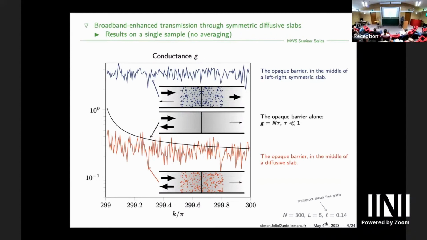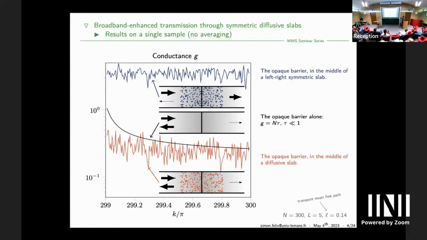Yes. So is this only true if you have the same realization on both sides, or do you need just the same statistics of the realization? Well, this is true if I have exactly the same pattern on the left and on the right part. To add to my answer, if I do this on only one sample, I see this enhancement.